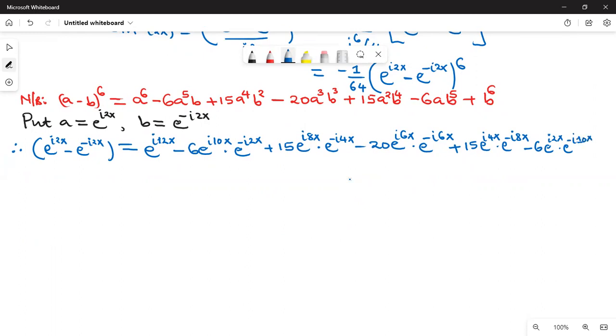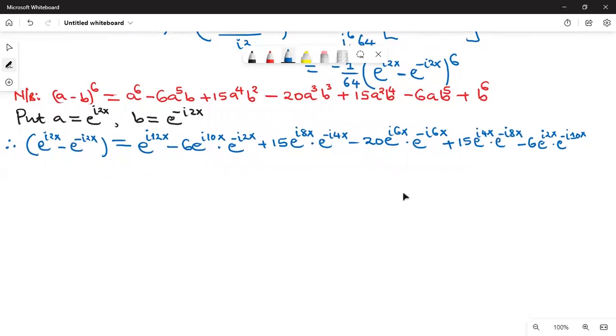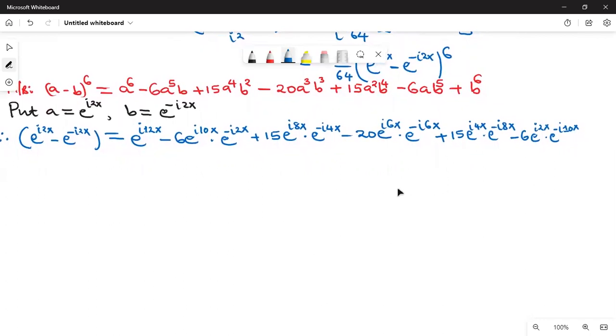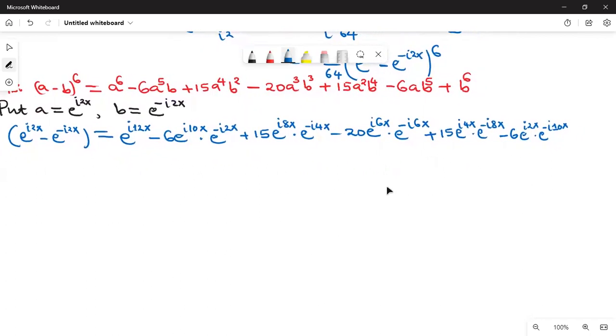And lastly, there is plus b raised to 6. I want it to fit along this line, so let me take this to the left. So this will be a plus exponential negative i12x.